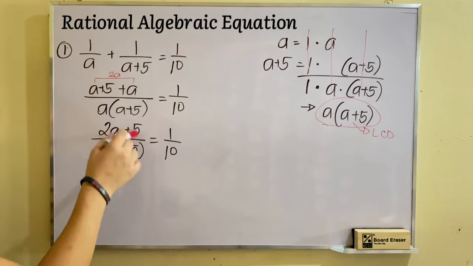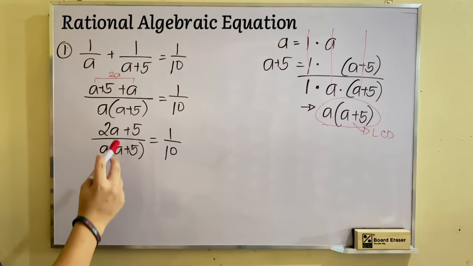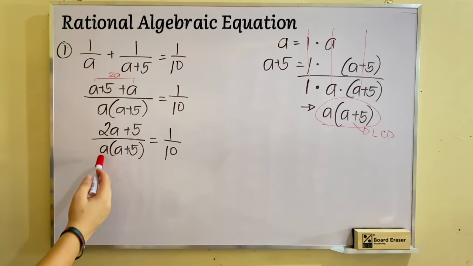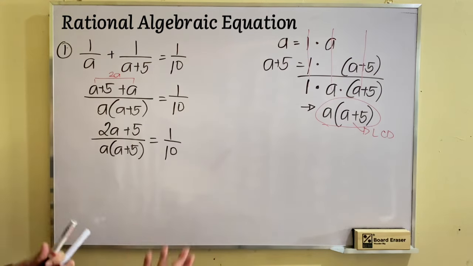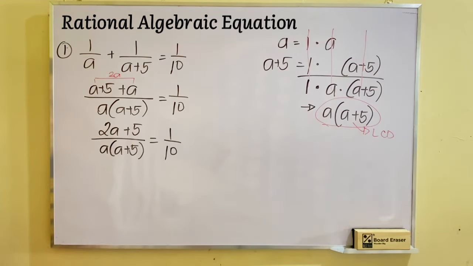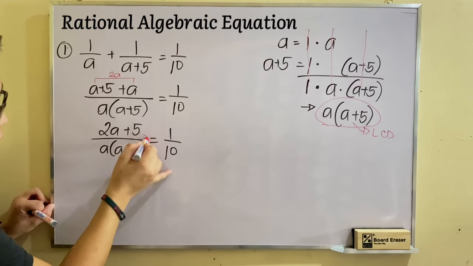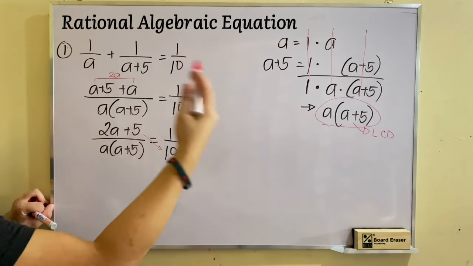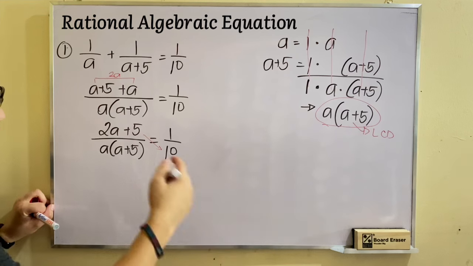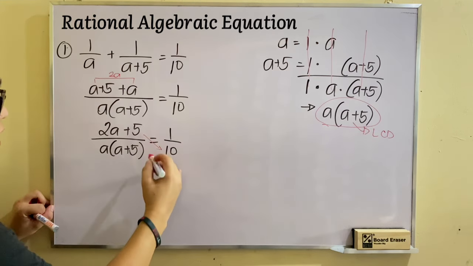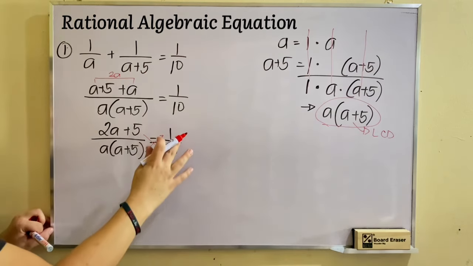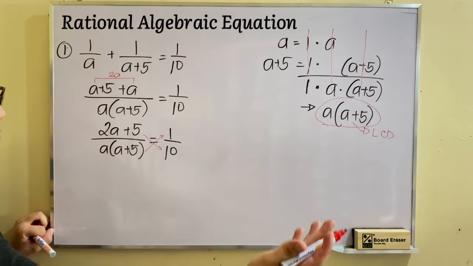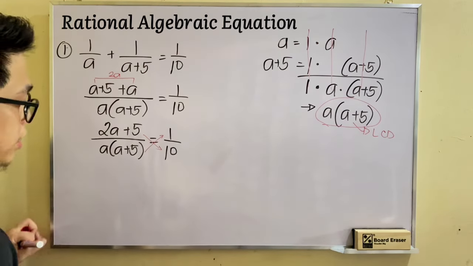After nating makuha ang ratio na ito, na 2a plus 5 all over a times a plus 5 is equal to 1 over 10, maaari natin siyang ipag-cross multiplication. Ano ibig sabihin ng cross multiplication? Numerator times the denominator of the ratio from the different side of equal sign, and the denominator multiplied by the numerator of the ratio from the right side of equal sign.